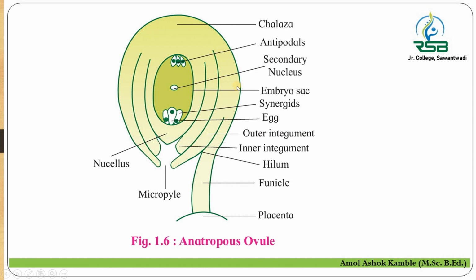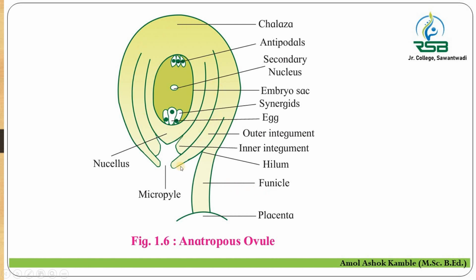This whole portion, which is swollen in structure, is called the body. So that funicle bears the swollen structure at its tip, it is called the body. या फ्युनिकलच्या वर टिपला जो स्वोलन स्ट्रक्चर आहे त्याला काय बोललं जातं, बॉडी बोललं जातं.